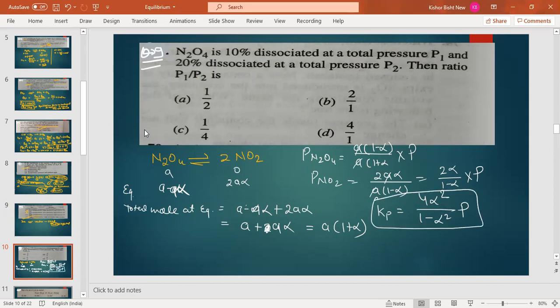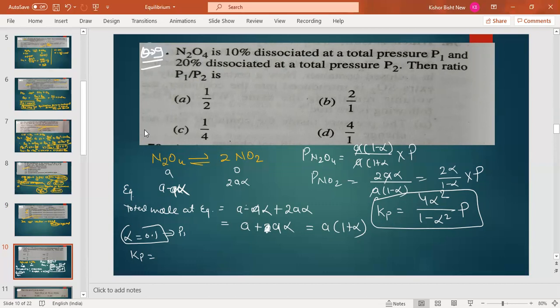Now here it says that N2O4 10% dissociates, at that time the total pressure will be P1. When alpha is 10%, alpha is equal to 0.1. That time pressure is P1. So Kp is equal to how much? Put the value 0.1.